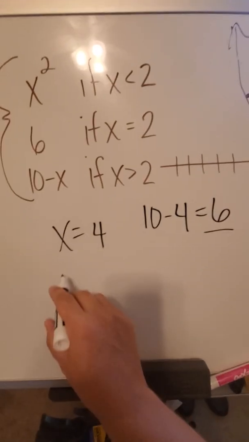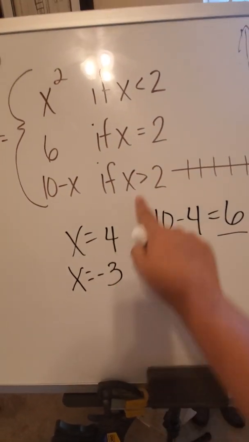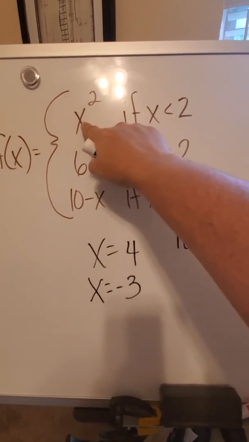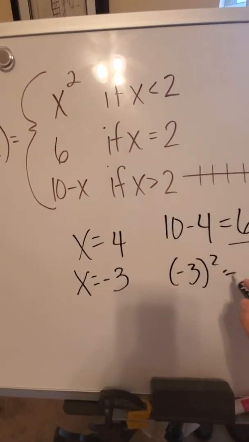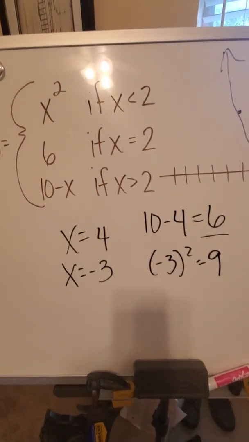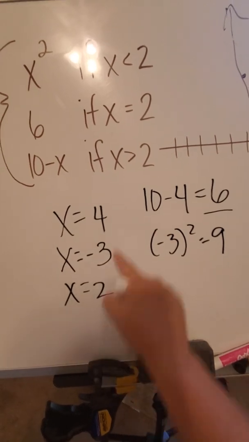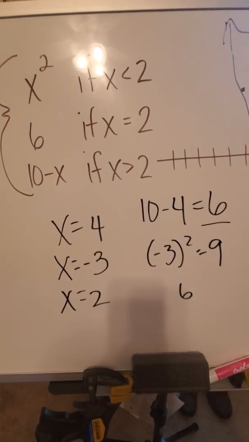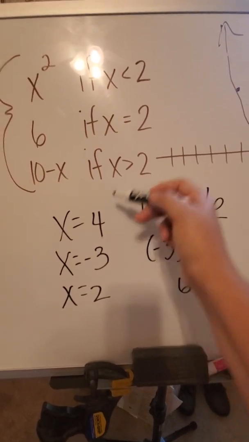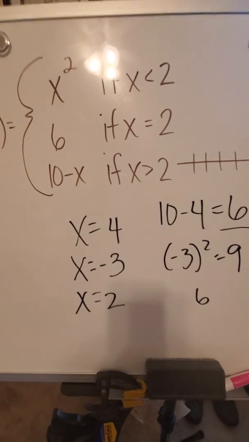If it said x equals -3, -3 is less than 2, so I'd plug -3 into x squared. So -3 squared equals 9. If it says evaluate when x equals 2, then that's my middle function, so it's 6. Does that make sense? Find out which one it belongs to and plug it into that function and that function only.